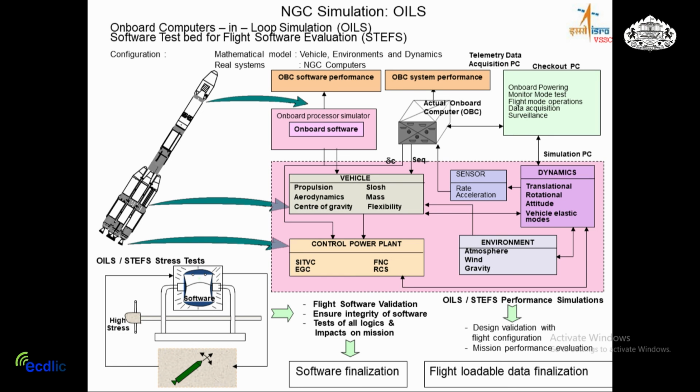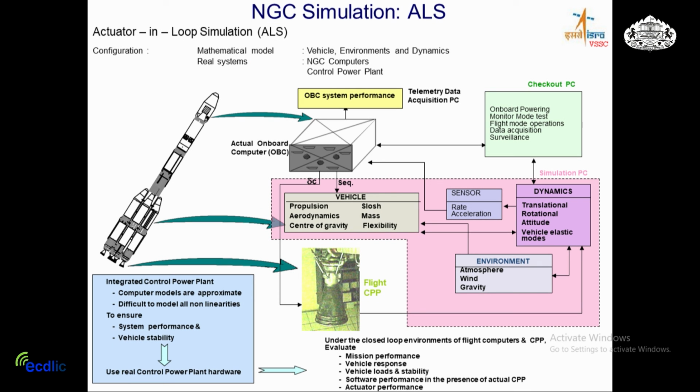The onboard computer OILS is basically a workhorse which is used from the time the flight software is defined to the time you launch. That is a thing which is used, because there is nothing in this which can go bad, unlike any actuators or control sensors or inertial sensors. Nothing can go wrong in this.